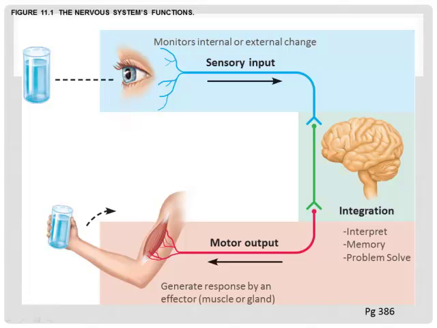The brain then interprets it, and then will send a motor neuron response back that goes out the efferent component of the spinal canal, and then gives action on the effector muscle, which is going to cause you to pick something up. So that's again a very simplistic way of looking at how this all works.